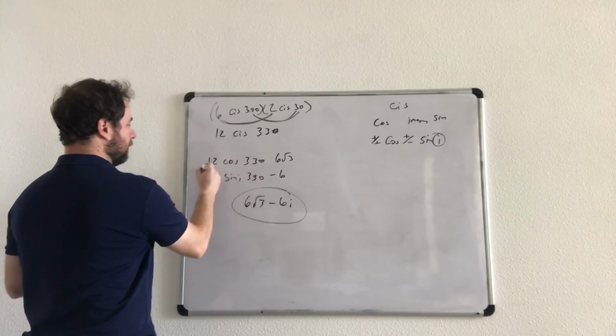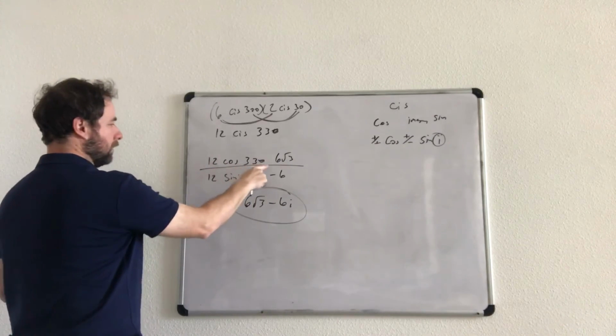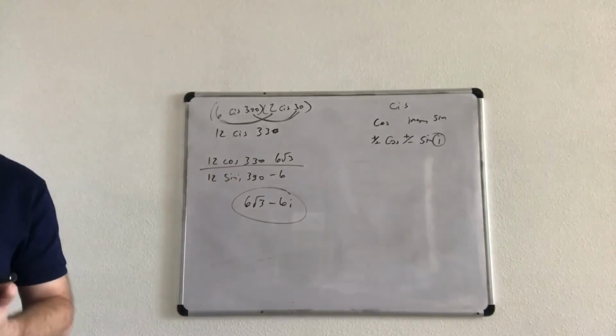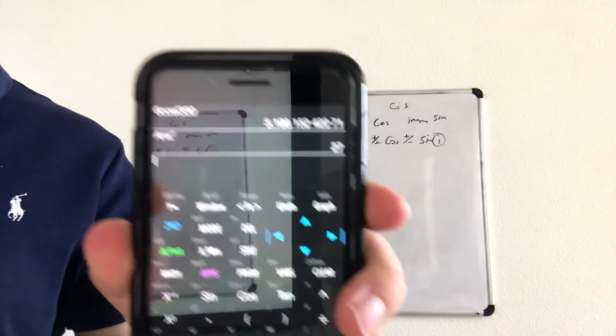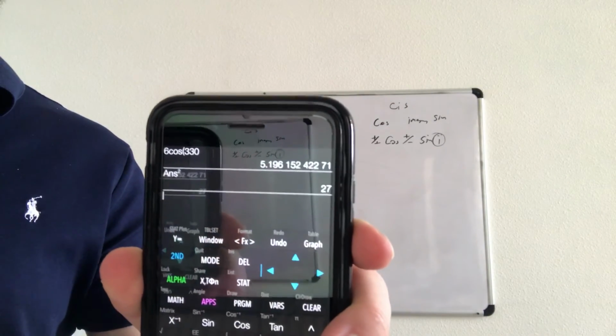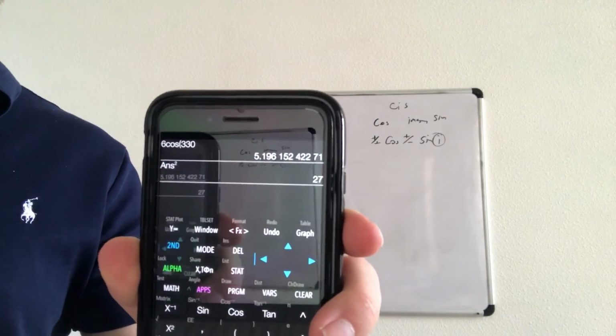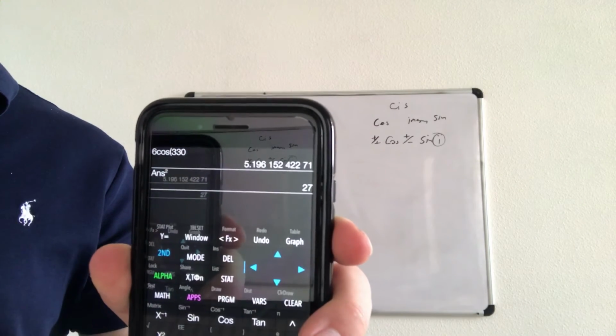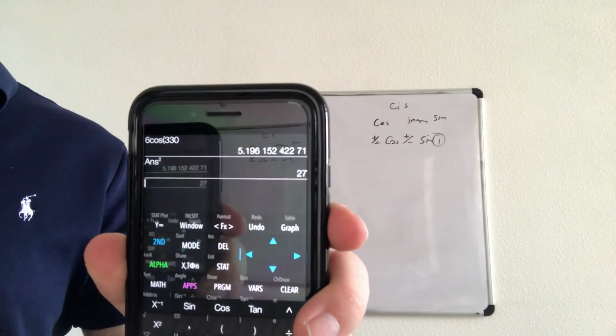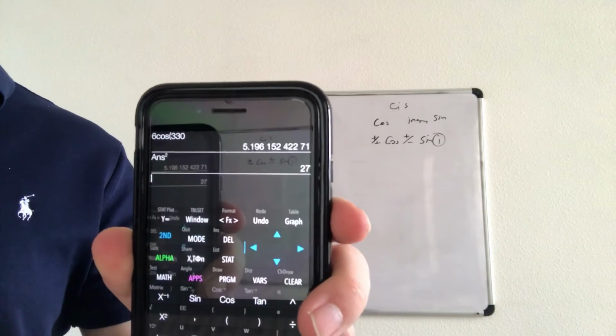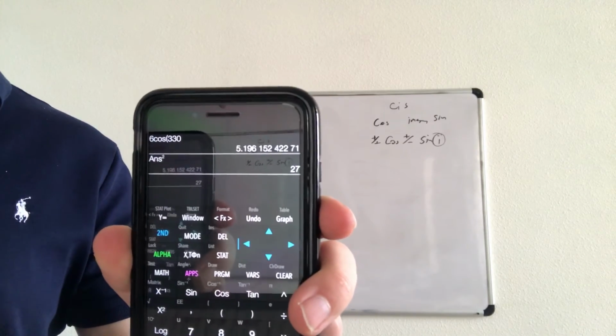Now, just to come back to this, when you put this in your calculator, you don't get 6 root 3 right off the bat. When you put 6 cosine 330 in your calculator, you get that 5.19 number. But you have to square that answer. When you square it, you get 27.